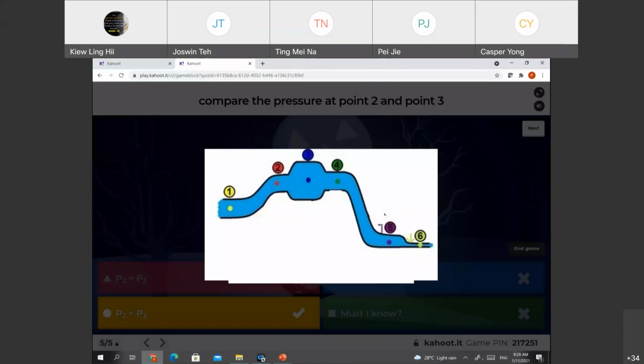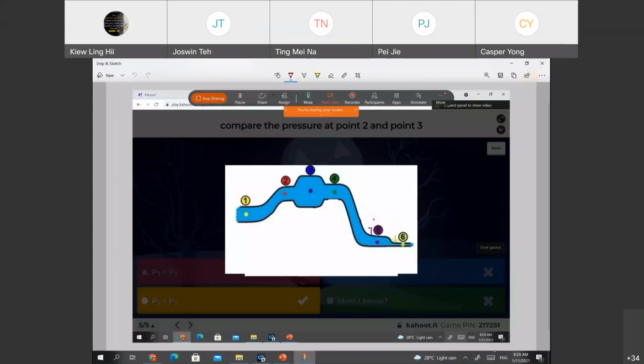From the equation of continuity, when the diameter increases, your area increases, so A1V1 equals A2V2. When your area increases, velocity decreases.